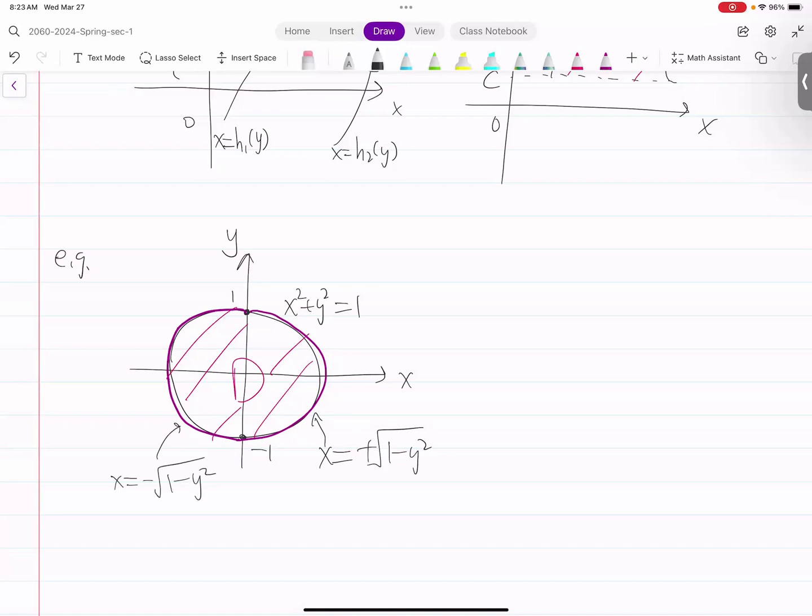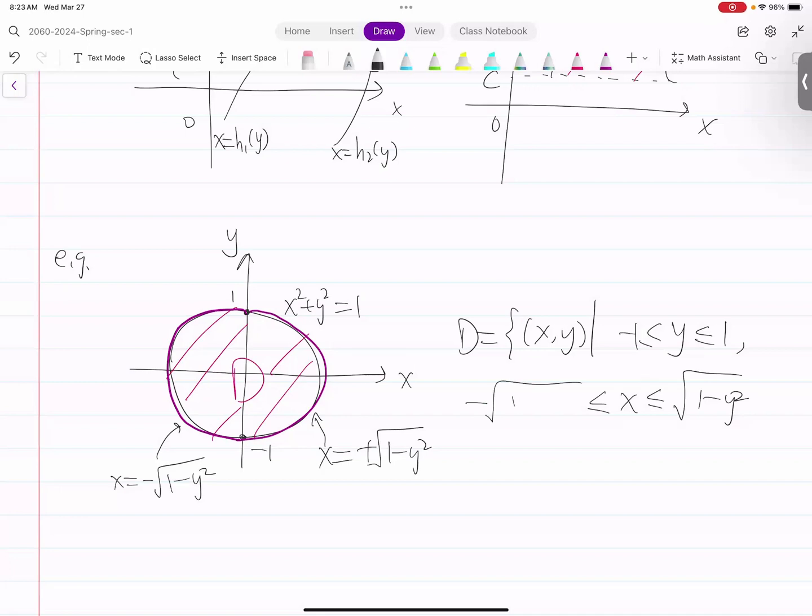And then we describe the region as a type 2 region by saying my y is from -1 to 1, and my x is cut between these two radicals in terms of y, as functions. That's good.